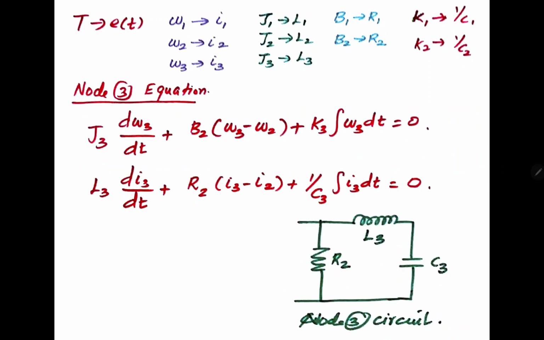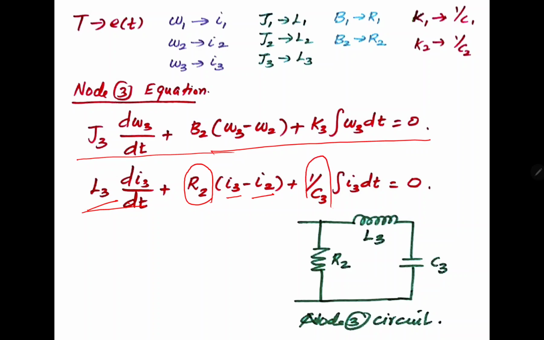Similarly, the third equation, so this is the mechanical rotational equation and the equivalent electrical equation. Here an inductor is there, and a resistor which is common to loop 3 and loop 2, and another capacitor, and it is connected in the third loop.